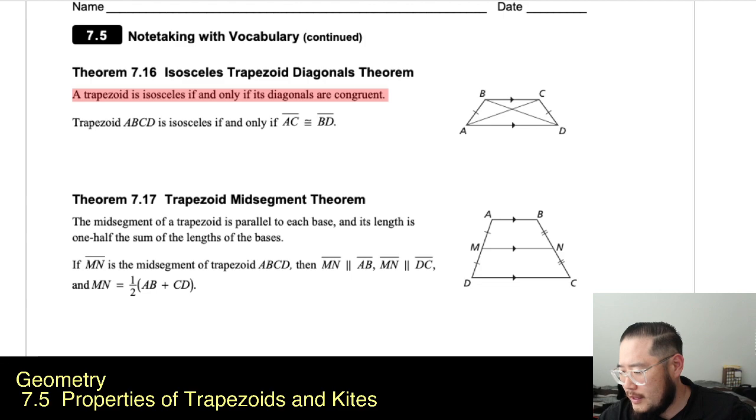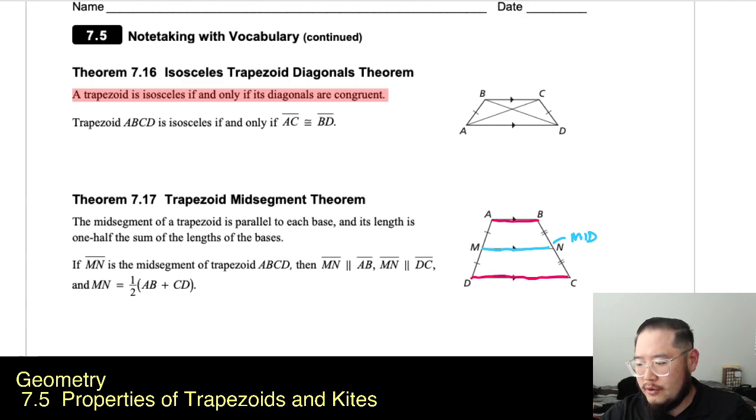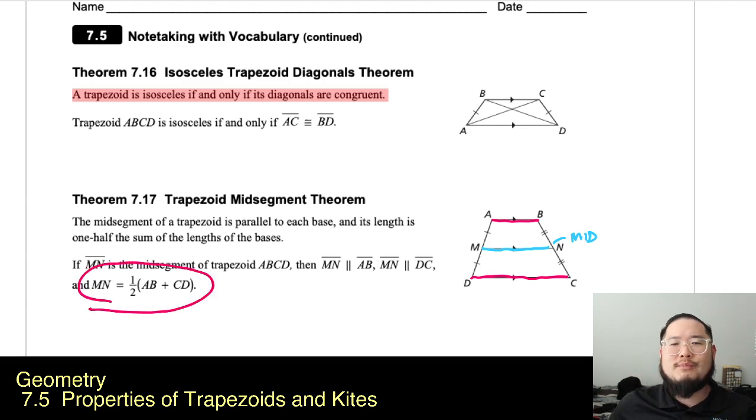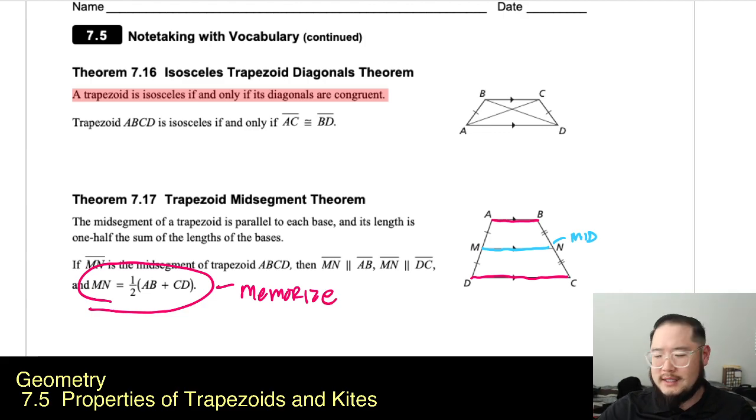There's your midsegment, and that is equal to taking segment AB plus segment CD and then multiplying that by 1/2. So here's our equation right there. Make sure that is one that you should memorize. So the midsegment, in this example MN, is equal to 1/2 (AB plus CD).